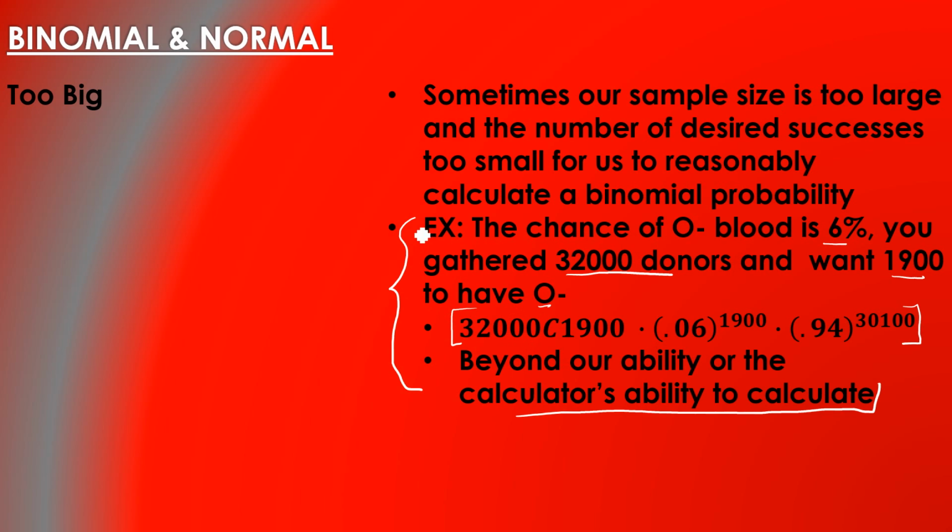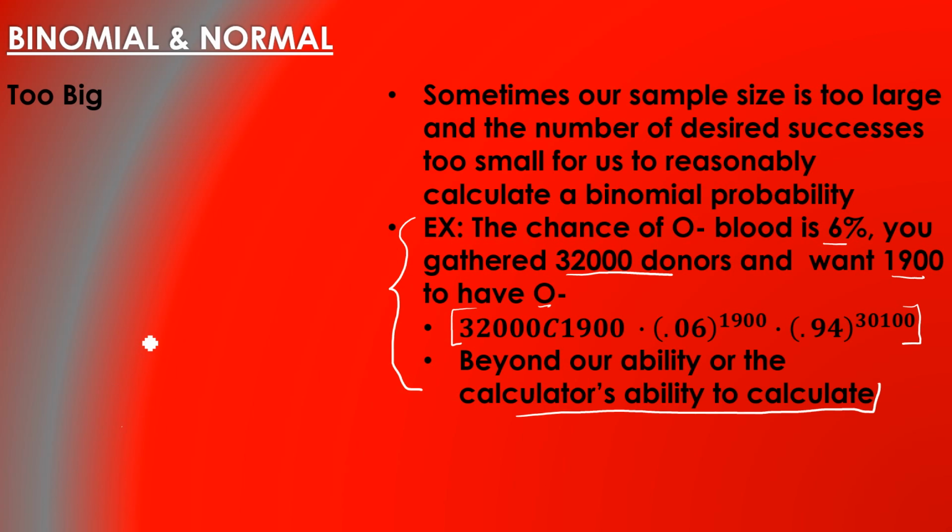So we need to be able to do something else. Sometimes our sample size and the number of successes is too small or too big for us to just use the calculator and type in this formula.